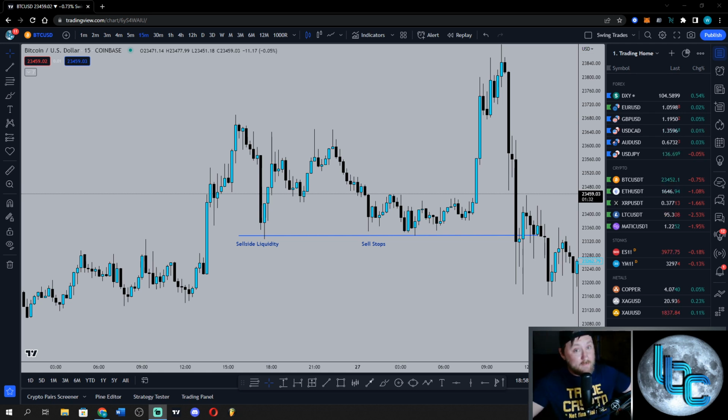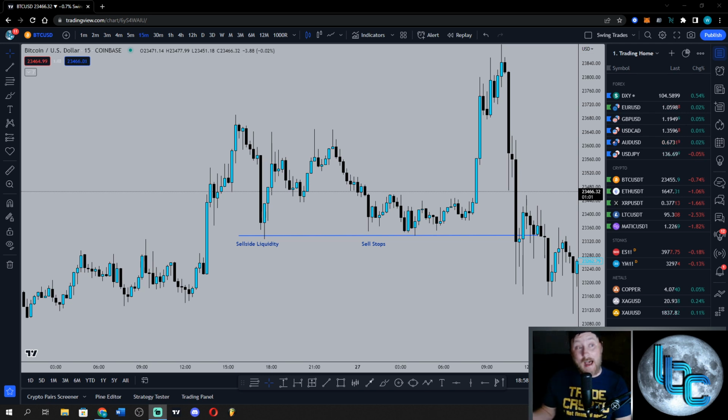So when you have buy stops, that means what you're selling, you have to buy back at some point. You want to buy it back at a cheaper price if you're selling it. When you sell it, you're expecting price to drop so that you can buy back at a discount.